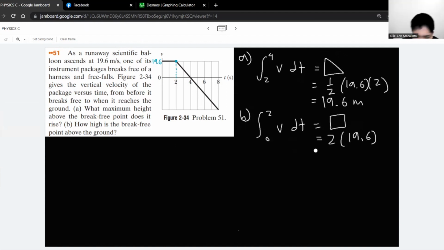So this is equal to 39. Bakit? Yung sa key, 59. How high is the break free point from the ground? Okay, that should make sense.